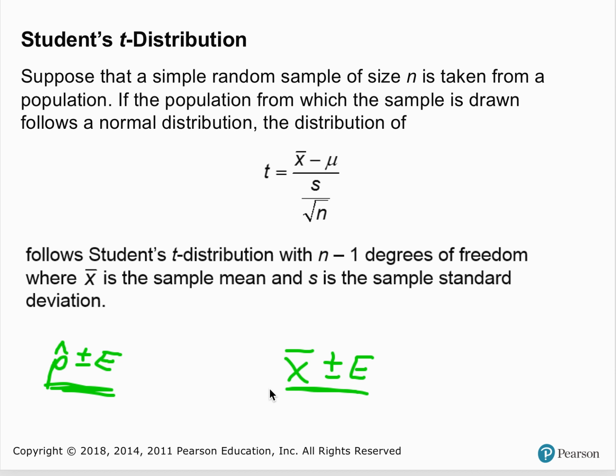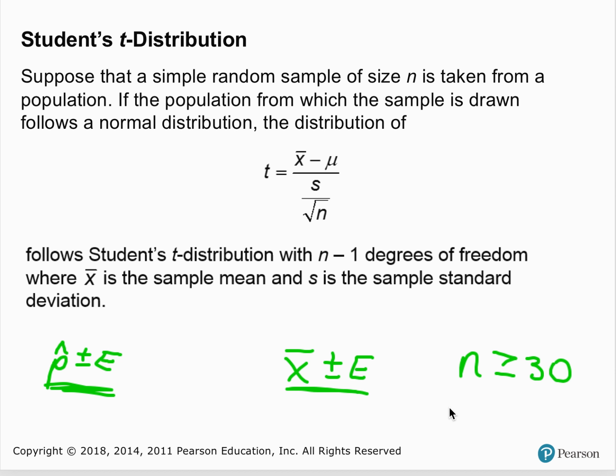So, a confidence interval for the population mean is of this form, just like the confidence interval for the population proportion. Now, remember that the distribution of x bar is approximately normal if the population from which the sample is drawn is normal or the sample size is sufficiently large. That means the sample size n is greater than or equal to 30.